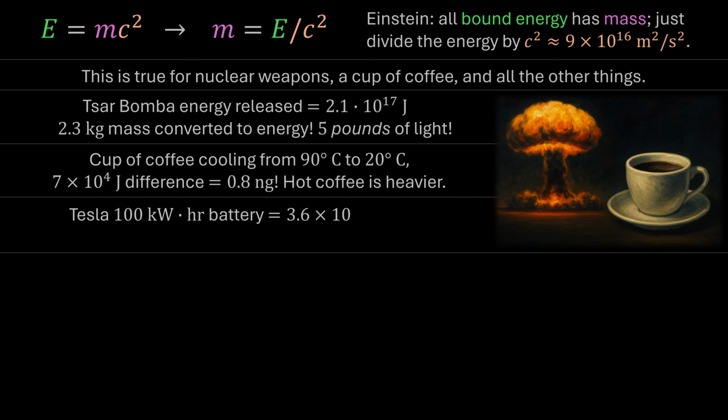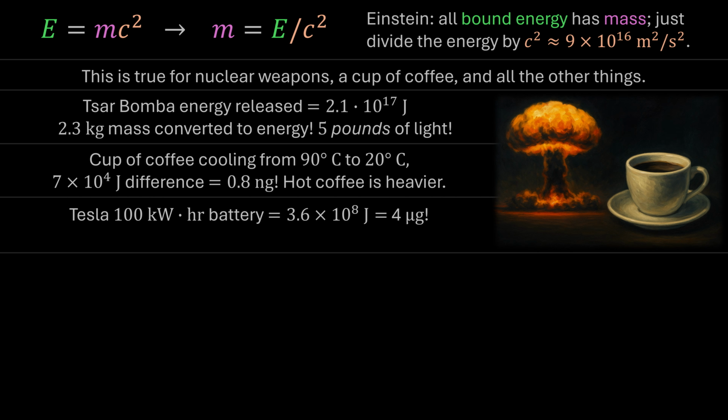So you're talking about 3.6 times 10 to the 8 joules of energy between when the battery is dead and when the battery is full. Well, that's a whopping 4 micrograms, which is actually not very whopping at all. That hardly whops. Maybe on the nanogram scale, but no, you would never notice 4 micrograms.